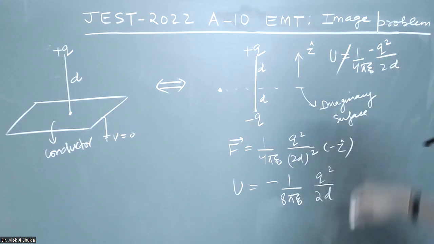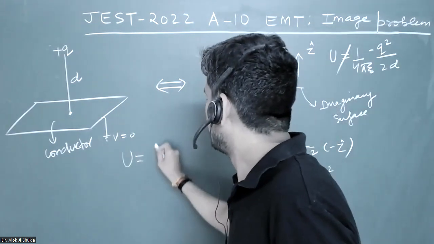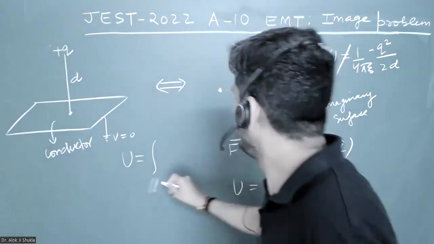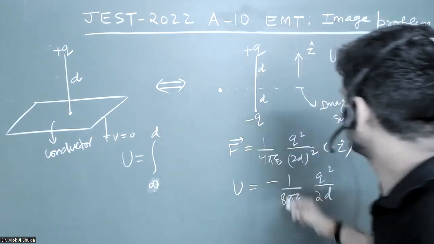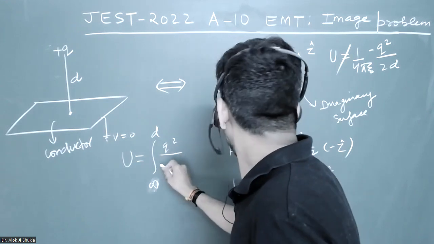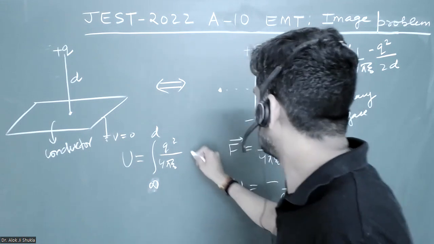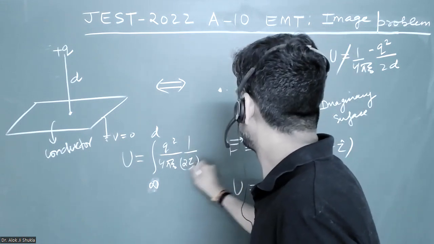Okay, so it will be just half of this energy, and we can calculate this by putting the integral from infinity to this point d and writing the force. What is the force? It is q square by 4 pi epsilon naught, and let me put the force at some distance z, so it will be 2z square.